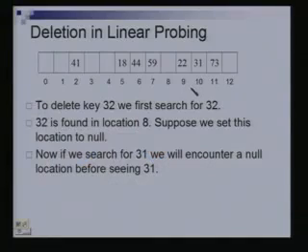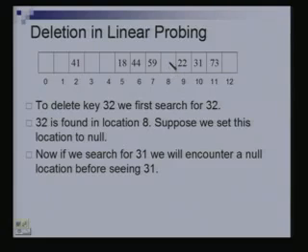Suppose we now search for 31. What's going to happen? 31 mod 13 is 5. So we come here. We didn't find it here. We come here. We didn't find it here. We come here. We didn't find it here. We reach here, and this is an empty location. So we'll say 31 is not there. Well, 31 is there. Why is the problem coming? Because when 31 was inserted, this was a full location, so 31 was inserted later. But once you delete this, then you have a problem.